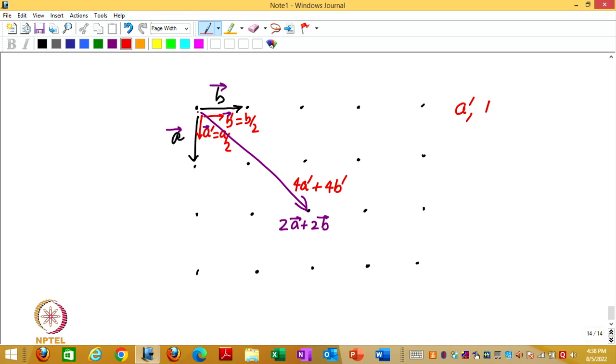So, A prime B prime are not lattice translations, whereas A and B are lattice translations.